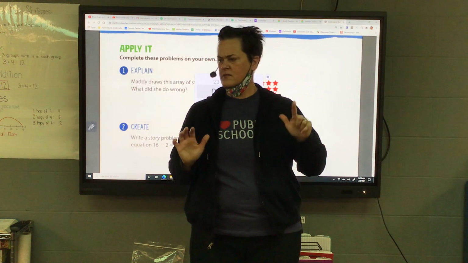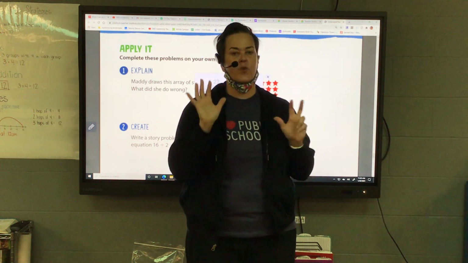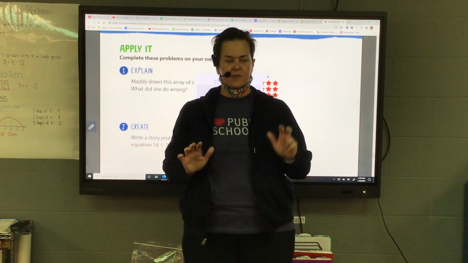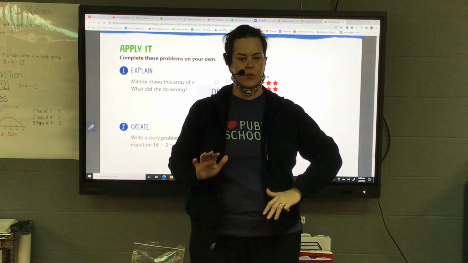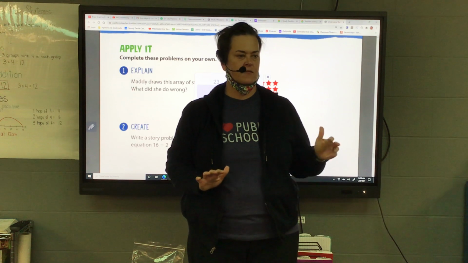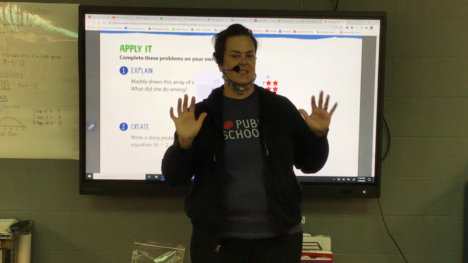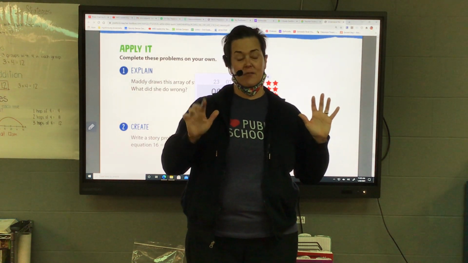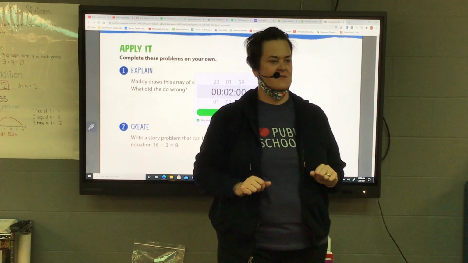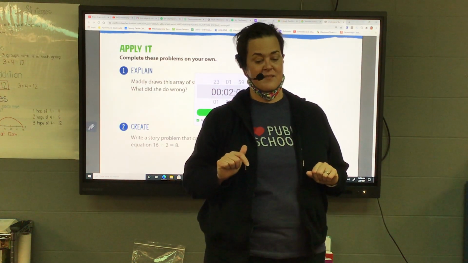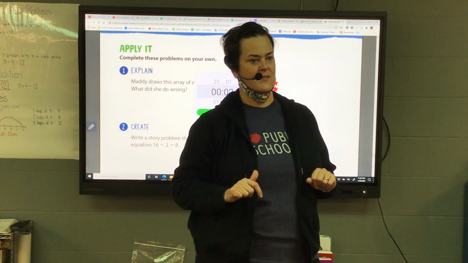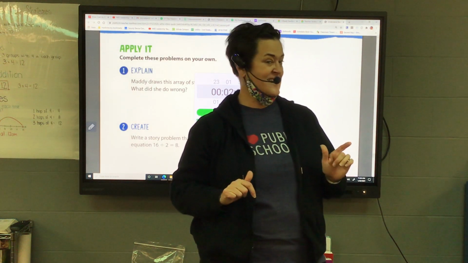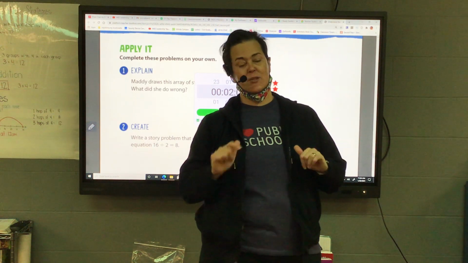What am I on? 42. Oh, 8 now. 48, write it down. 54, write it down. What's 6 times 10? 60. Write it down. 6 times 11? 66. Write it down. 6 times 12? 72. 72, write it down.